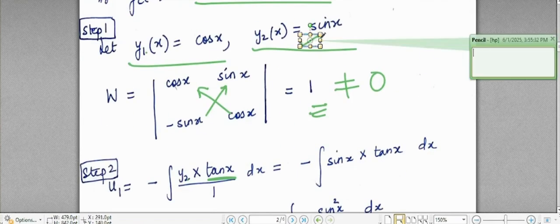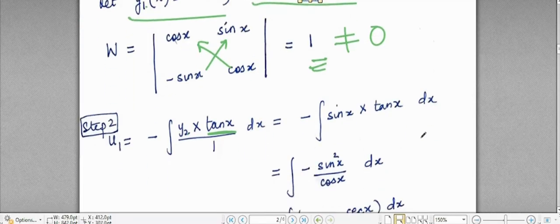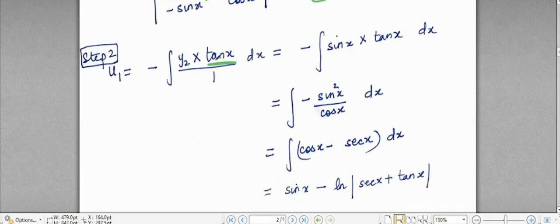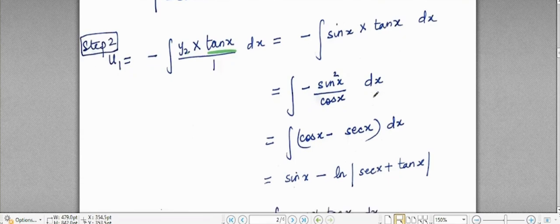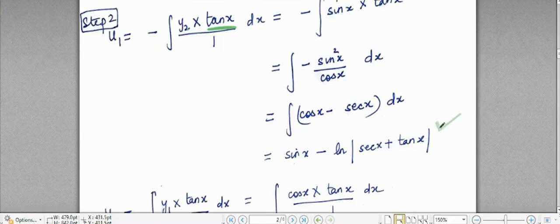You can see you froze it like this. You took sin x to be y2. So this is your y2, minus y2 into the right hand side function tan x upon W, which has turned out to be 1. So this integral happens to be the integral of minus sin x into tan x, which is very easy to integrate. Once you integrate, this is your u1.